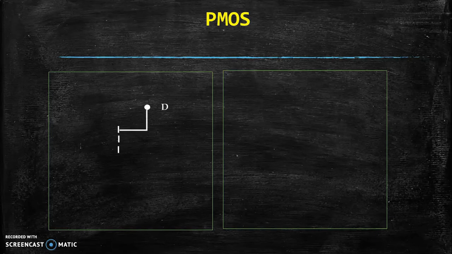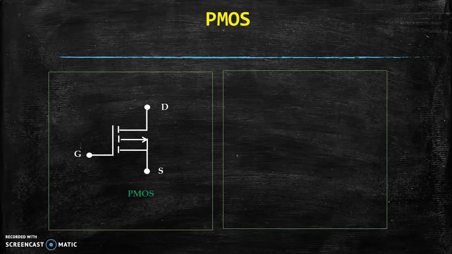We have two terminals taken from the current carrying channel, that is drain and source, and we have a third terminal, that is the gate. The gate is insulated, and that is why it is indicated slightly away from the current carrying channel, and the substrate is connected with the source.